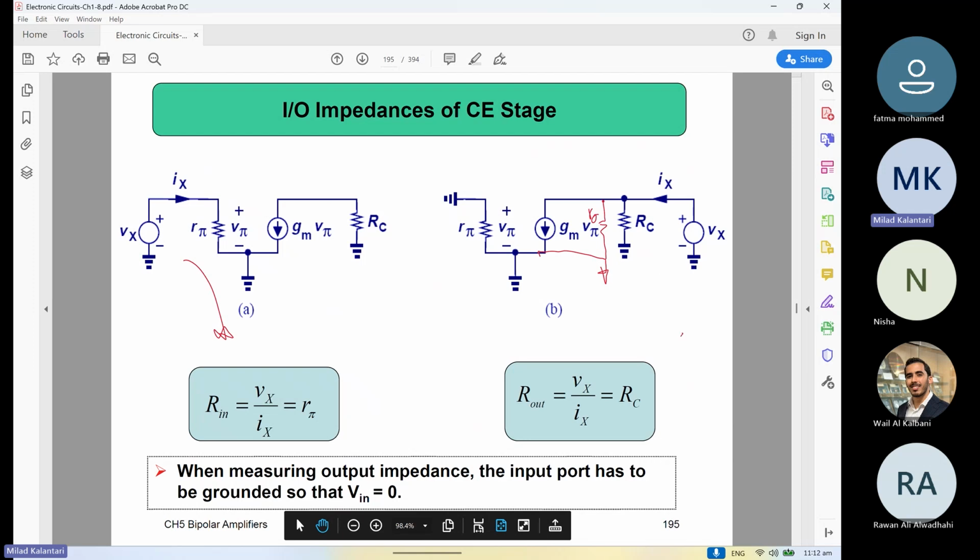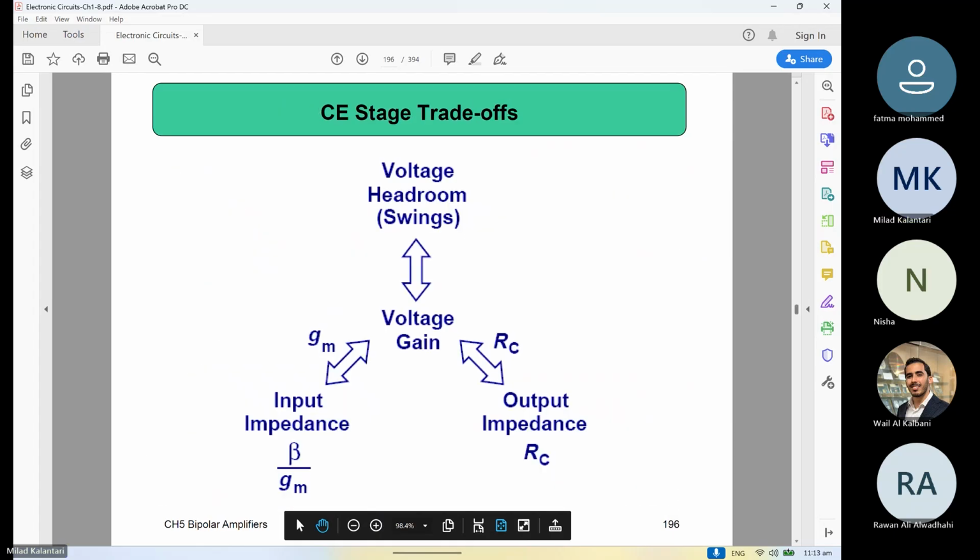Why are we now writing here that we skip the R out? The R out is usually a big resistor, right? Compared to our own added resistor, R out is bigger. So in the parallel of the two, the result is most probably like RC, so you can skip it.